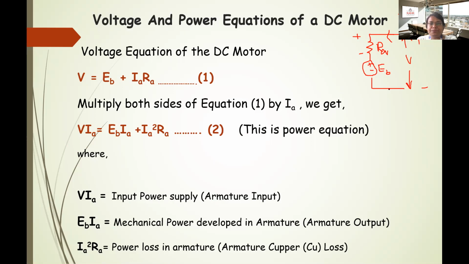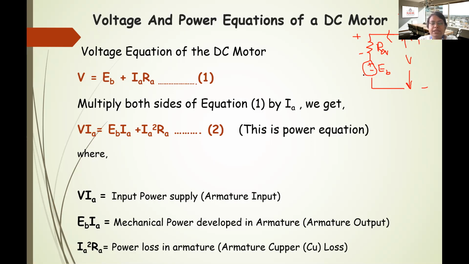We apply the voltage V. So what does the armature take as input? V into Ia. Eb into Ia is the mechanical power developed in the armature.